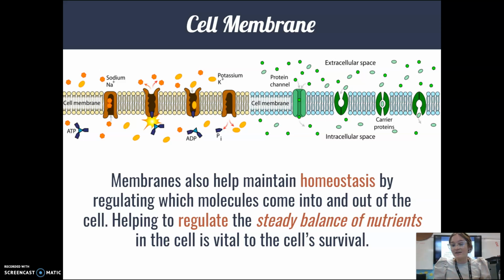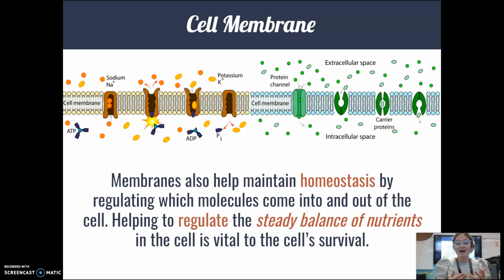We also see these proteins playing a role in allowing certain things in and out of the cell. And yeah, that's going to help us maintain what's called homeostasis. We've talked about homeostasis a few times actually. It's one of the five characteristics required in order for an organism to be considered living.